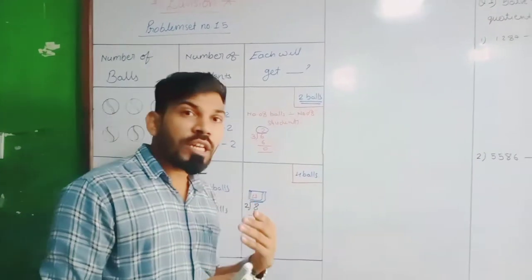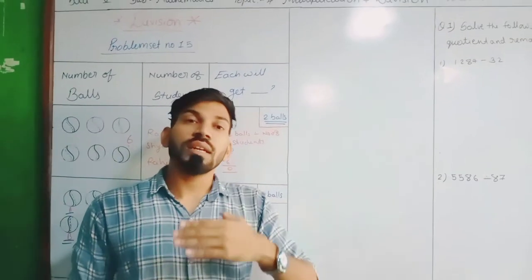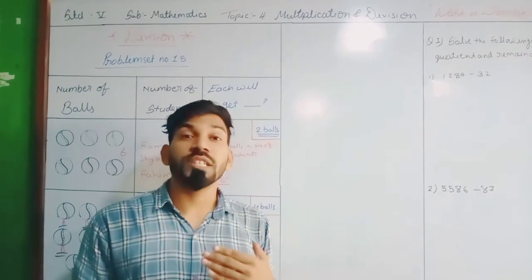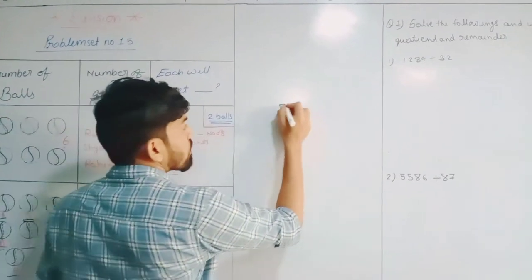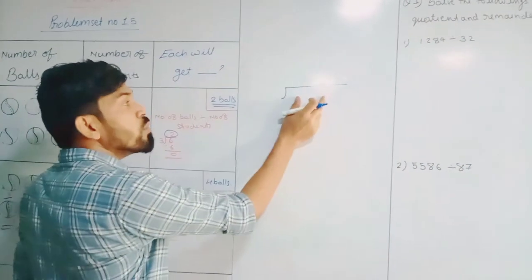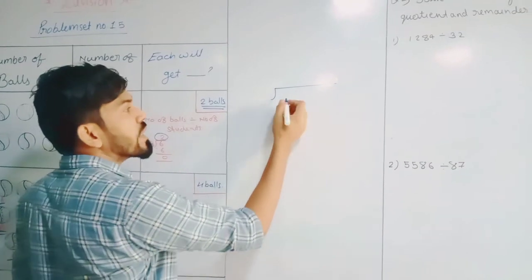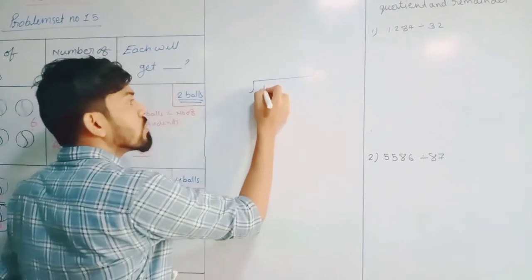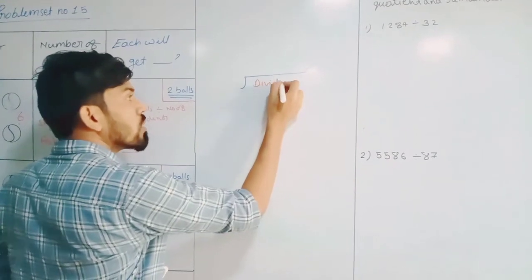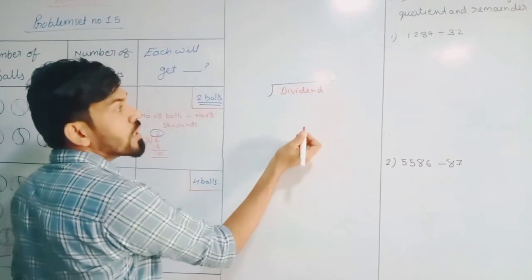Now whenever we are talking about division, there are a few things that are very important to us. Let's see. The number which we are dividing is called the dividend.